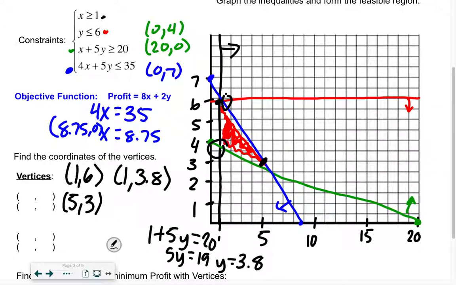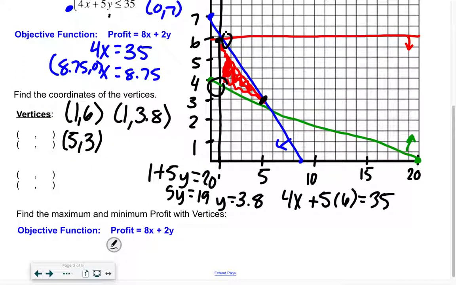Okay. My other intersection is red and blue. Well, my red one means y is 6, so I'm just going to put 6 in for y here. So I have 4x plus 5 times 6 equals 35. And then I'm going to solve for x. 4x plus 30 equals 35. 4x equals 5.